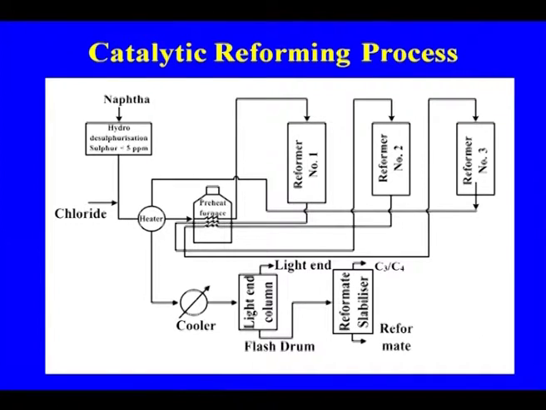Then it goes to the reformate stabilizer, where the C3 and C4 lighter components are separated, and the reformate finally obtained is used for RFG, reformulated gasoline, or it may go for the separation of aromatics in the aromatic plant.